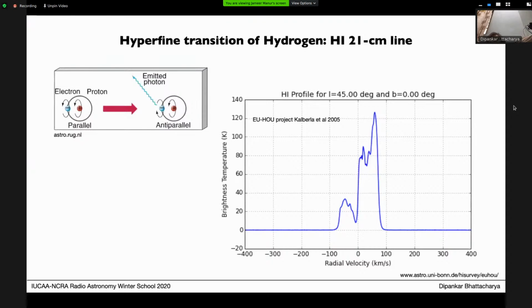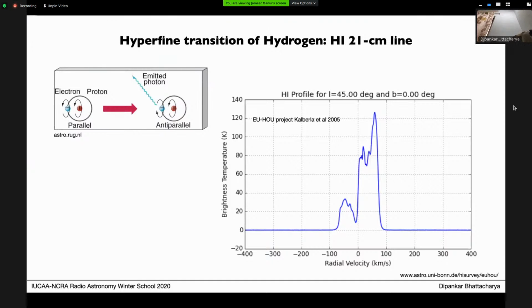And it helps us map the dynamics of gas in galaxies and in some cases in the intergalactic medium. In fact, the entire rotation of our galaxy and many other galaxies are determined by looking at the Doppler shift of this line as a function of position. So this is a very, very important line for astronomical diagnostics.